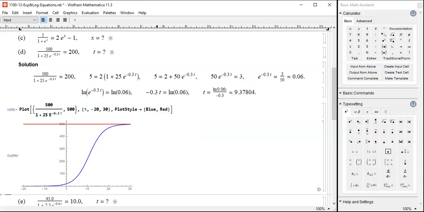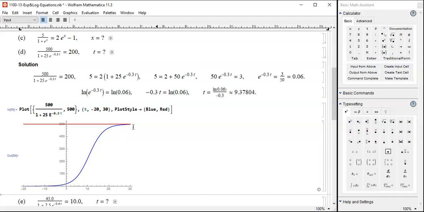Now you can clearly see that this logistic growth function has two horizontal asymptotes. y equals 0 to the left, and y equals the numerator, in this case 500, to the right. That's going to be the mature population. So 500 units, whatever unit, is the mature population for this particular model.